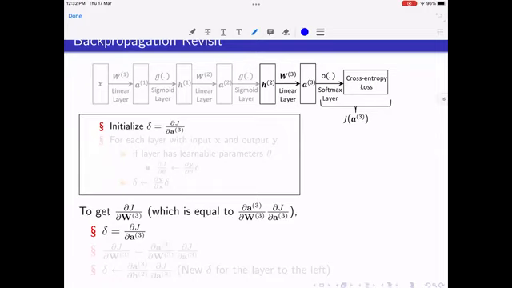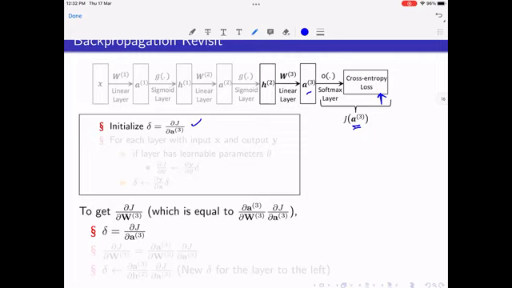So what is the rule? First thing is that we initialize something called del J del A3, which we are just denoting by delta. And what is del J del A3? If we dig deep here, it is the derivative of the softmax cross entropy loss with respect to the output pre-activation of the output layer, also called the logits.